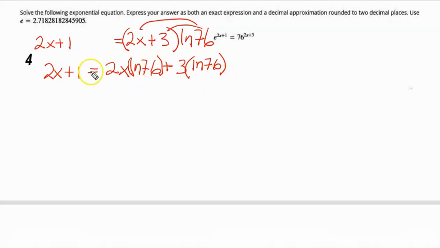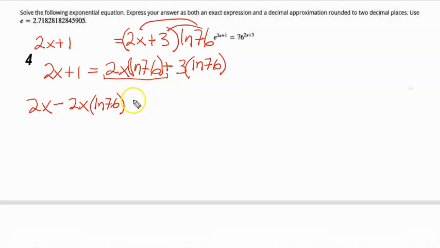So you might say, what's our next step? Well, we had things like this already. We want to get all the x's on one side. So we have here 2x. I'm going to transpose this term to this side, where it becomes a negative 2x natural log of 76.